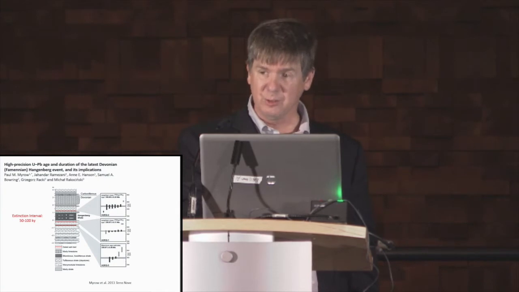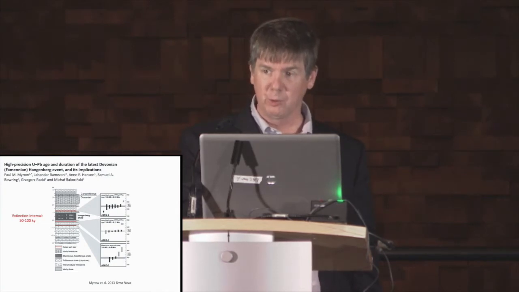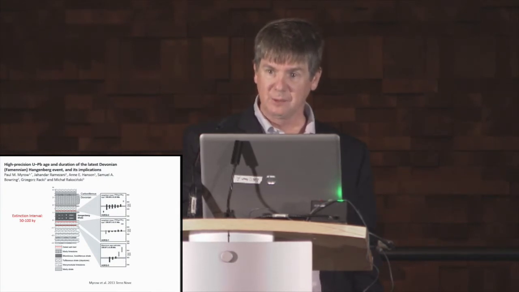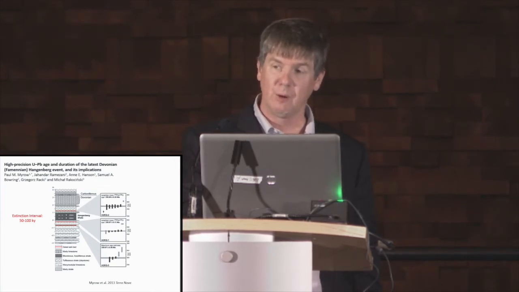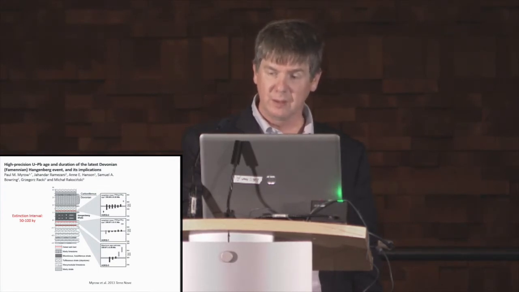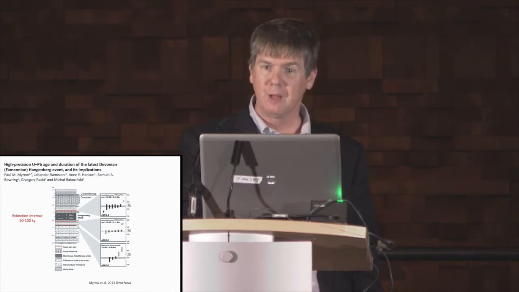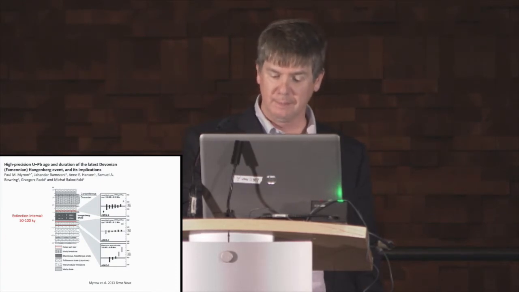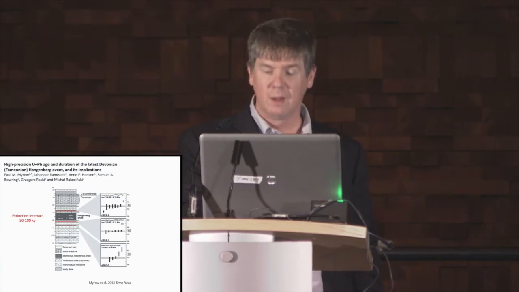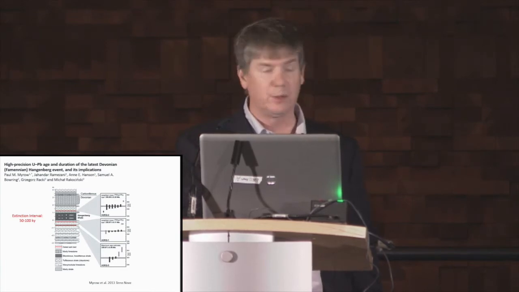And the estimates of the duration are limited more by the depositional record and, not the quality, the quality is very high, but the resolution that we're now capable of with particularly uranium-lead single isotope zircon geochronology.